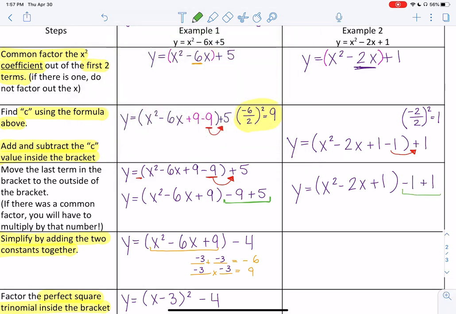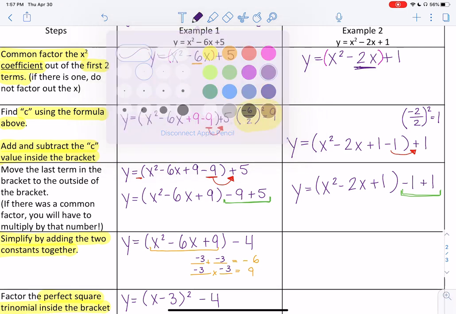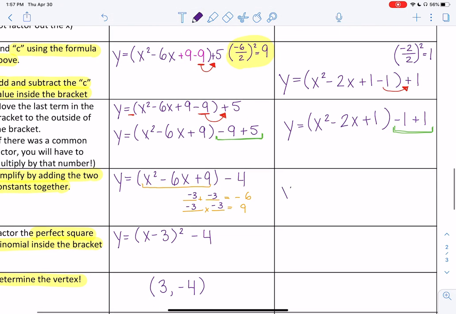Next, I need to collect these like terms at the end here. My x squared minus 2x plus 1 all stays the same, and then -1 plus 1 is just 0. So I'm just not going to write anything. If you want to write a plus 0, that's totally okay. Now I need to factor the stuff in the brackets.